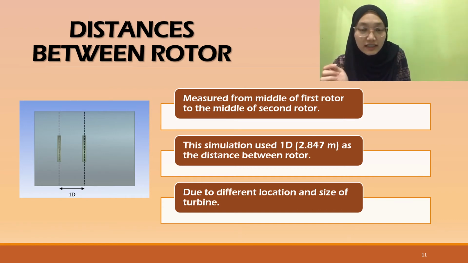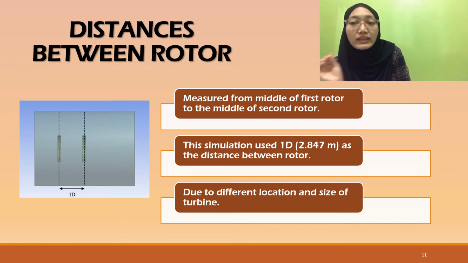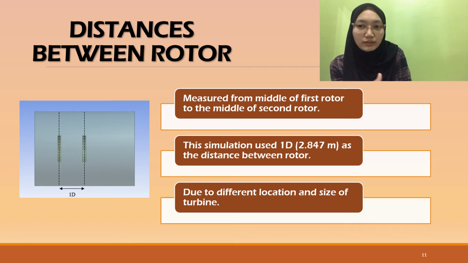And lastly, there is research that uses 1.2 diameters as the distance between rotors. However, this simulation uses a different distance due to the different location and different size of the turbine.